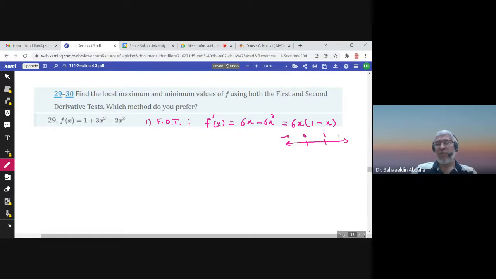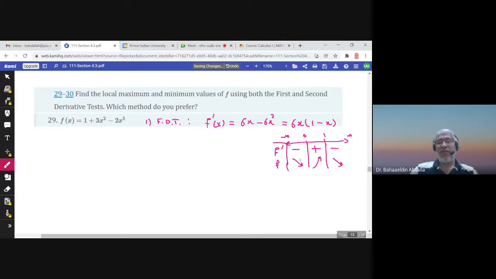And now let me do the first derivative test. To do that, we check the signs of f prime. Now, f prime has degree 2 and the coefficient of x squared is negative, so between the zeros, the sign of f prime would be positive. So here decreasing, increasing, decreasing for f.